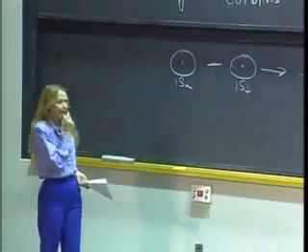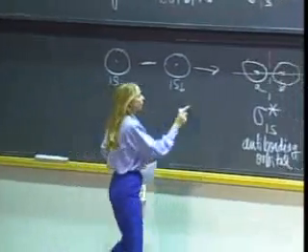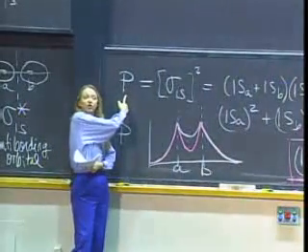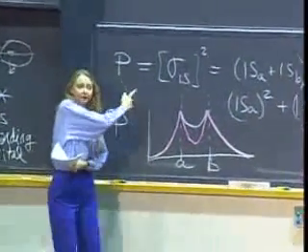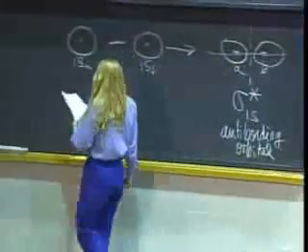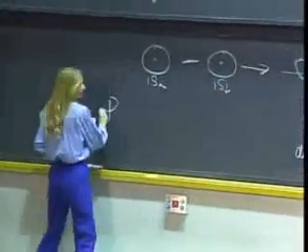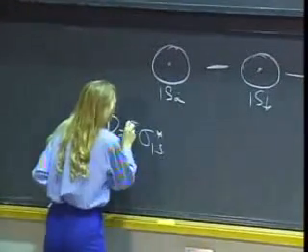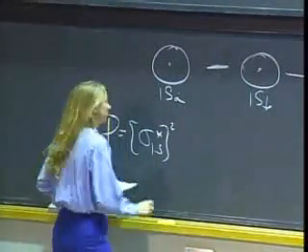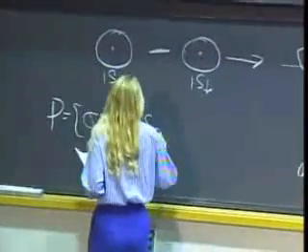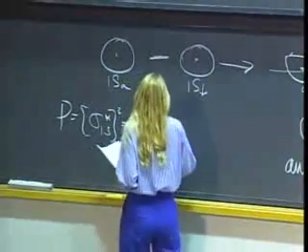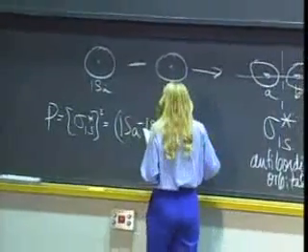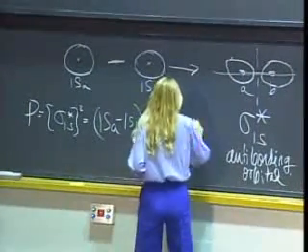Well, let's also calculate the probability density here for sigma 1s star. Hey, that's going to be interesting. So we got P, probability density, sigma 1s star, square it, right? So I have now 1sa minus 1sb times 1sa minus 1sb.